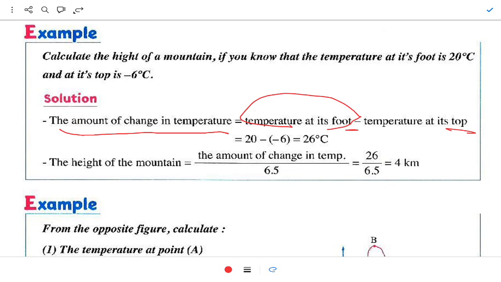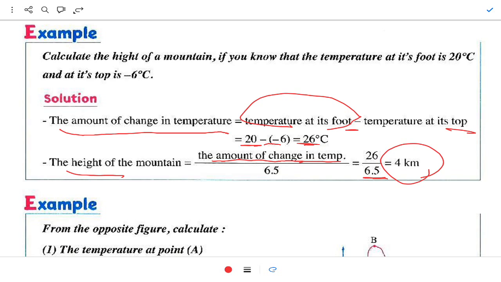So 20 minus minus 6, minus and minus would be plus, so that's equal to 26 degrees. But we want to calculate the height, so the amount of change over 6.5 would be 4 kilometers.